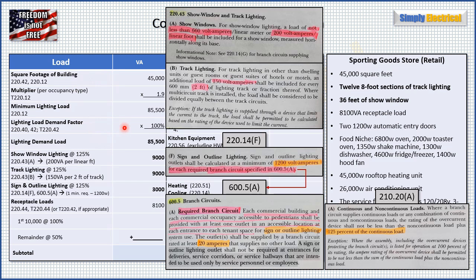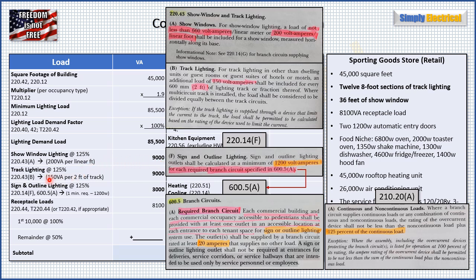So they already took that into consideration and we didn't have to add an extra 25%. But in this case, with show window, track, and sign and outline lighting, we have to add the extra 25% to our load. So our 200 VA times 36 feet of show window comes out to 7,200 VA. Add the 25%, we get 9,000 VA.